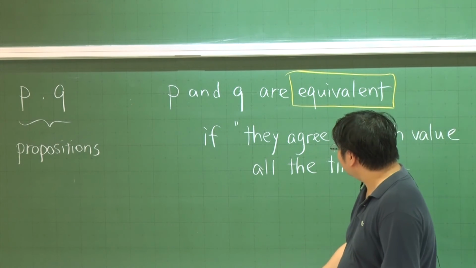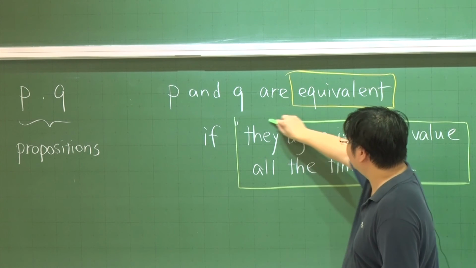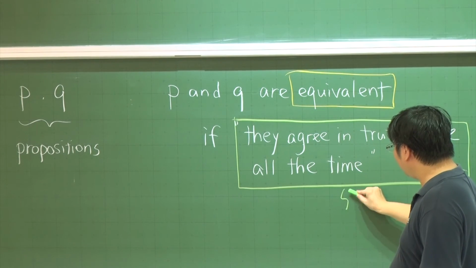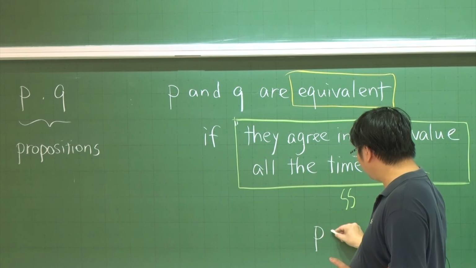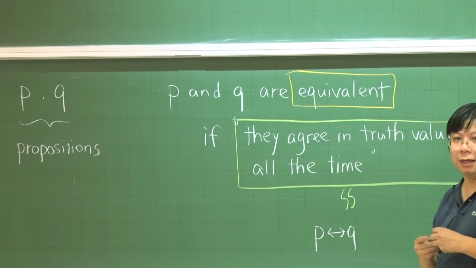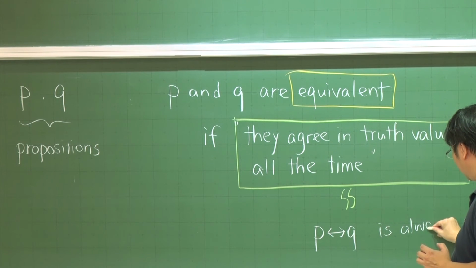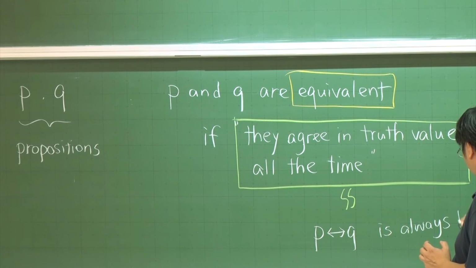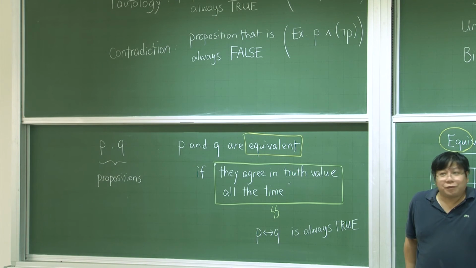But in other words, this English meaning is actually the same as saying that P if and only if Q is always true, right? Because they agree in the truth value all the time.